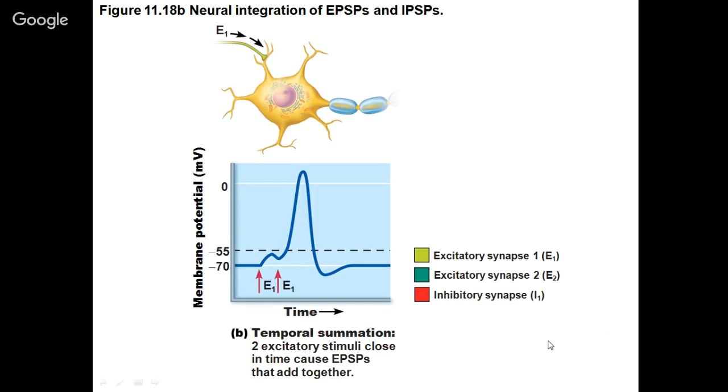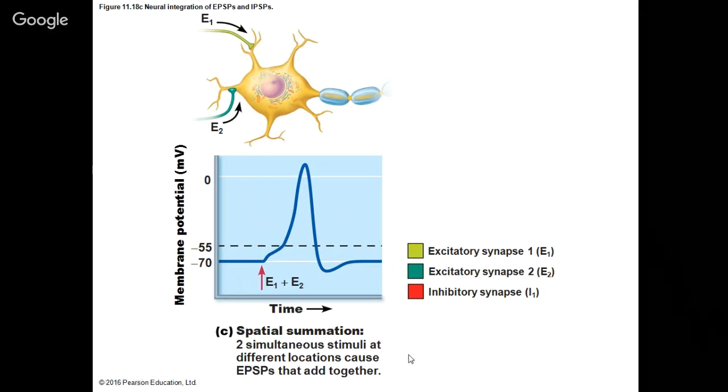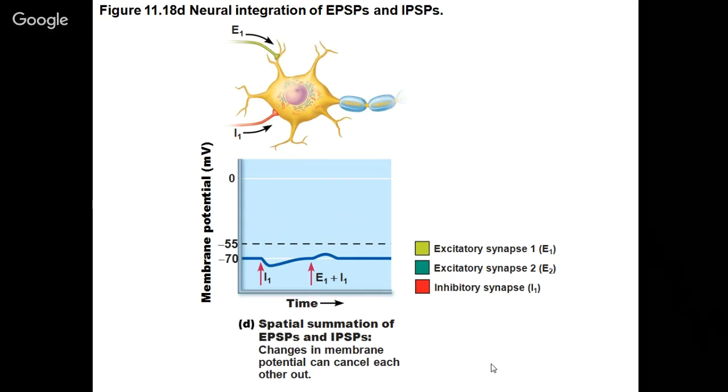an action potential. The spatial summation: the two simultaneous stimuli at different locations cause excitatory potentials that add together. And remember, we discussed that this is happening at the postsynaptic membrane potential.